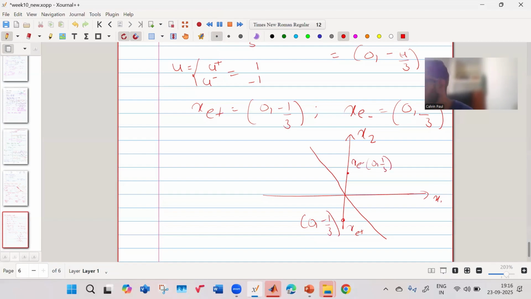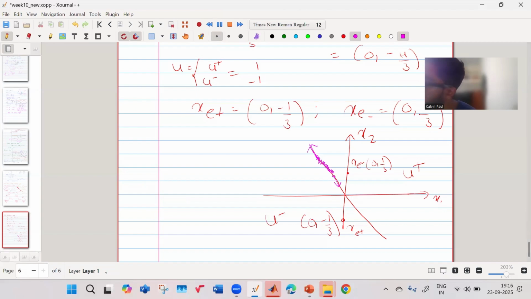Okay. Good. Over here it will be your u plus, over here it will be u minus. There is one stability question: once it has reached this surface, it will be chattering like this, right? So will this chattering go towards the origin, or will this chattering go away from the origin?